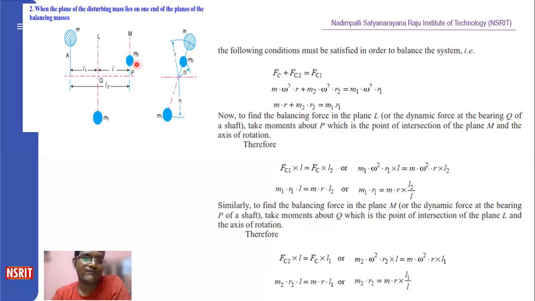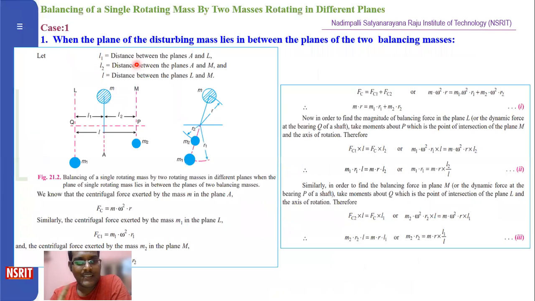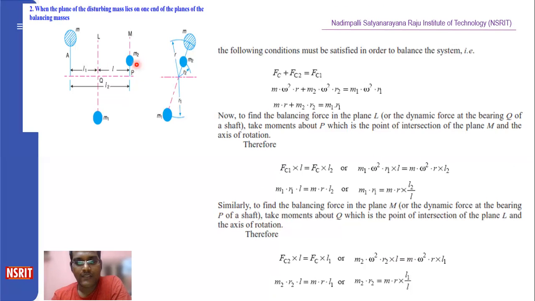This is how you have to balance one disturbing mass with two balancing masses. In exams they may ask, explain how to balance a single rotating mass with two masses in different planes. You have to write these answers, case 1 and case 2. Okay, thank you.